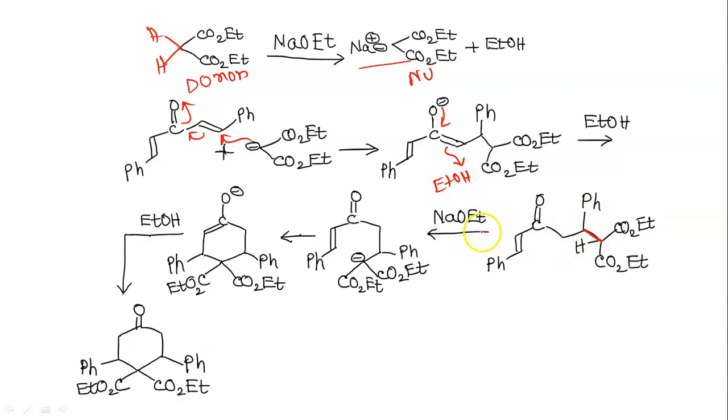Next, in presence of base, again, a second time, there will be another carbanion generation, and this negative charge can now attack the other CC double bond. The CC double bond shifted, O minus. Similarly, it will again take a proton from ethanol, and finally we are getting the cyclic compound.